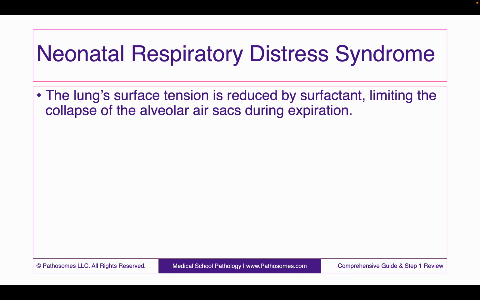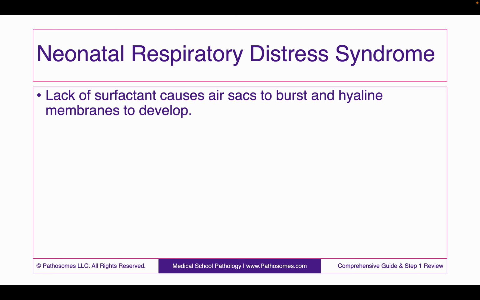The lung surface tension is reduced by surfactant, which limits the collapse of the alveolar air sacs during expiration. But the lack of surfactant causes the air sacs to burst and hyaline membranes to develop.